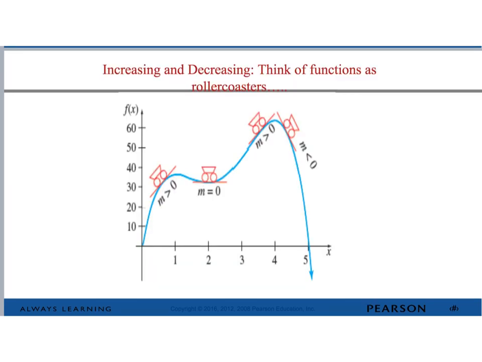Another way that you can think of increasing and decreasing functions is you could think about roller coasters. If you start out on the roller coaster, you usually start out, of course, on the ground. And usually the roller coaster starts off going uphill.